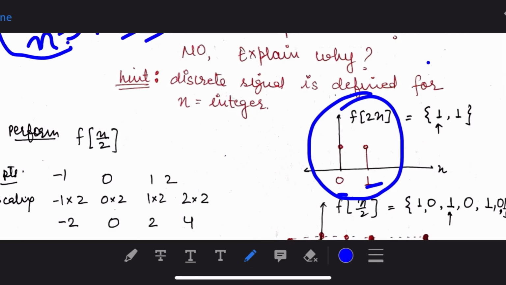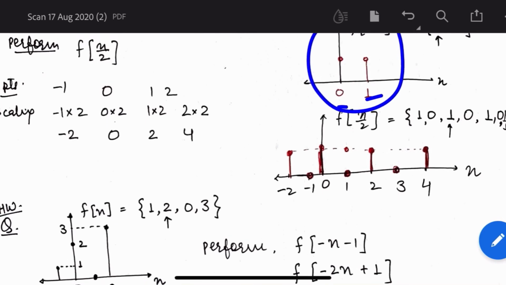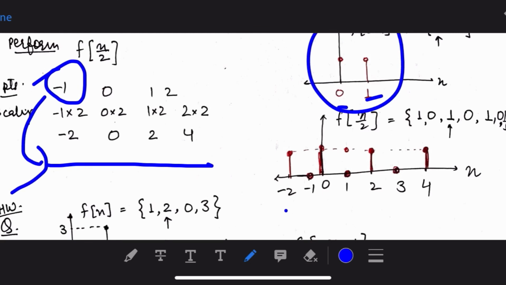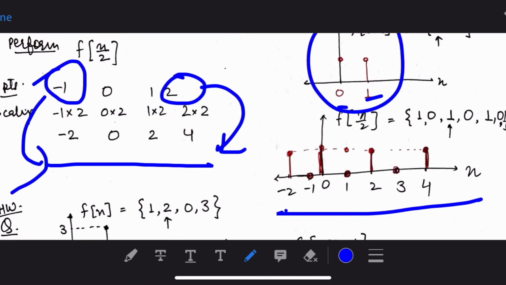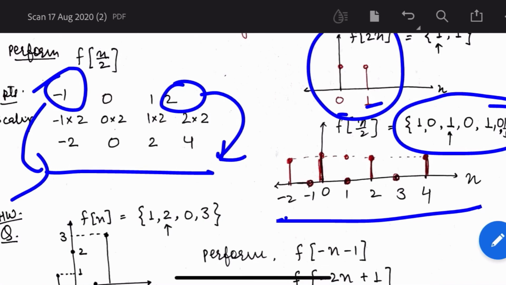Next we are performing fn/2. If it is n/2, then we have to do multiplication by 2. It is very much similar, multiplication by 2, so you have these 4 points. It will be defined at -2. You can see the -1 point has been transformed to -2, and then the 2 point goes to 4. For the remaining points we will assume the value is 0. All the remaining points will have value 0. So if this is your fn/2, it is represented like this, you can see here. So what is happening is that in this case your number of points has increased. Now you have 1, 2, 3, 4, 5, 6, 7.